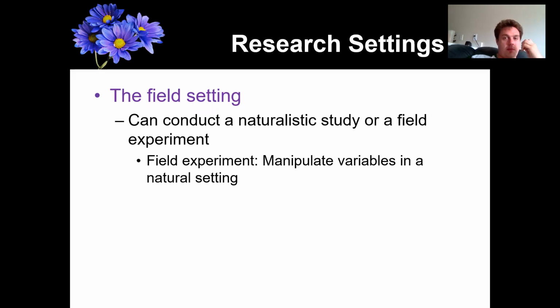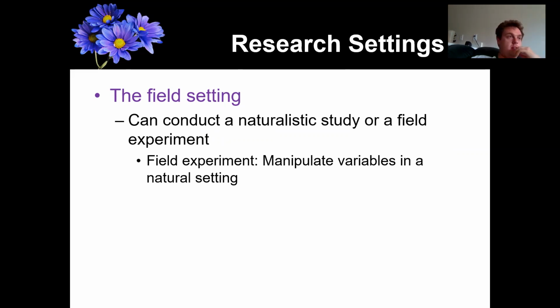But that might be one example of where you really boost external validity. So that's what we mean by a naturalistic study or a field experiment: testing something in its normal setting, the way it occurs in the real world.